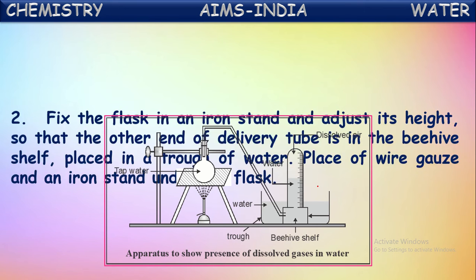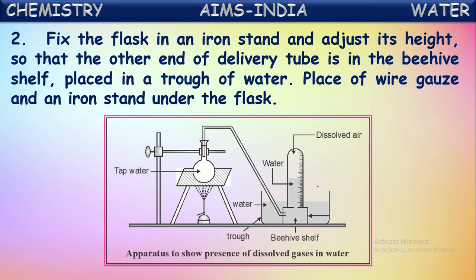Now, fix the flask in an iron stand, and adjust its height so that the other end of the delivery tube is in the beehive shelf.